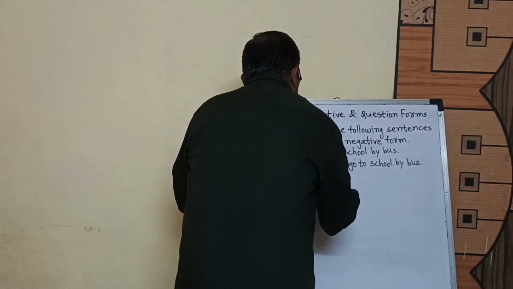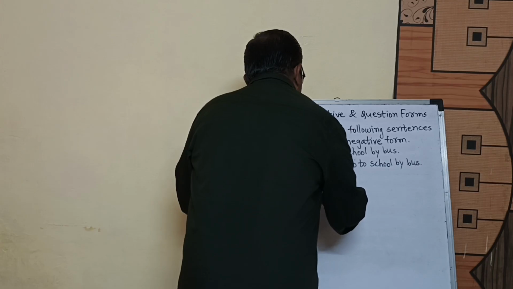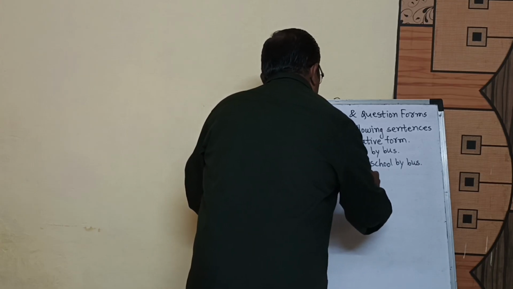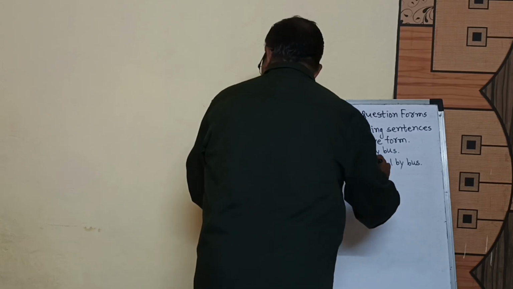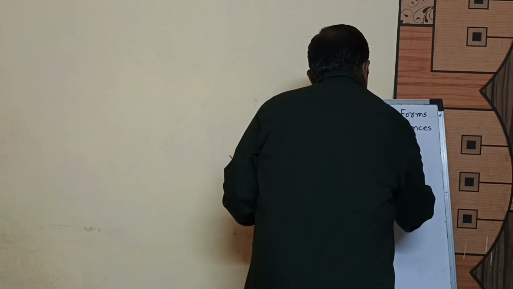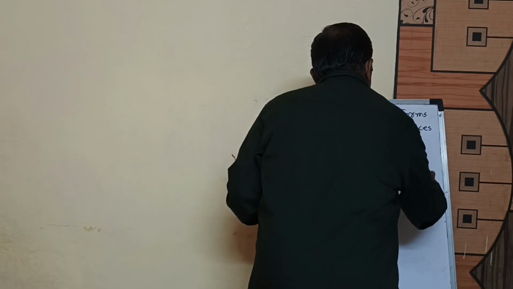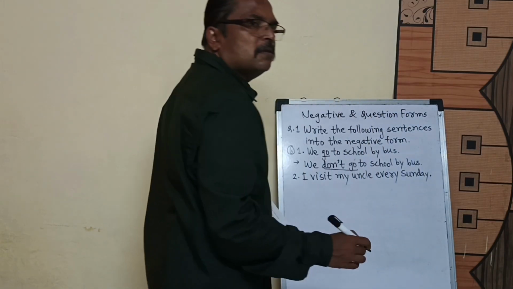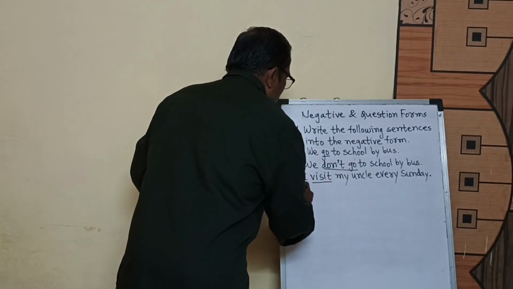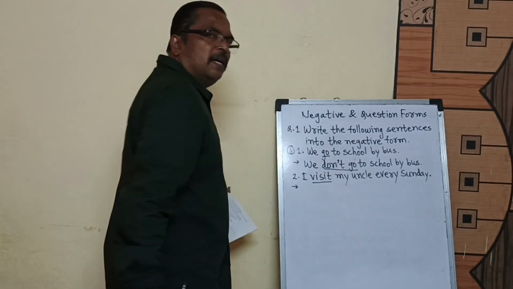Number two. I visit my uncle every Sunday. In this given sentence, the V1 form has been given, that is visit.